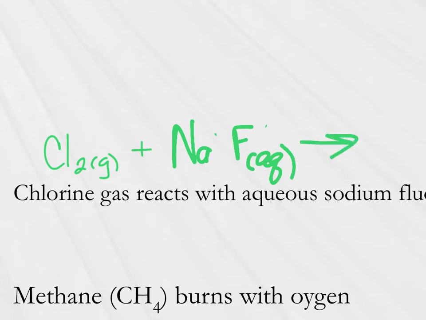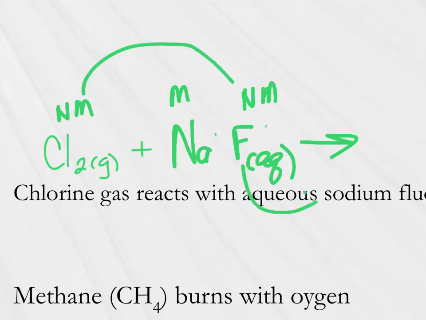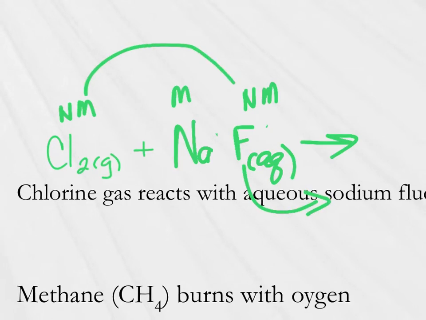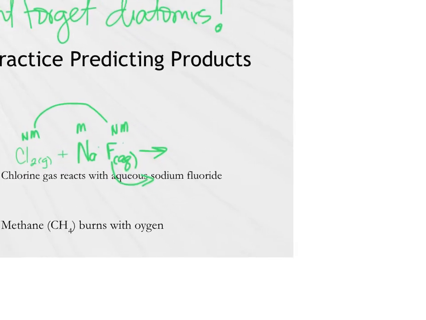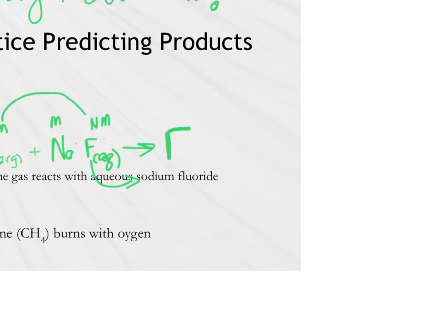All right, so this is a non-metal. This is a metal, and this is a non-metal. So the non-metal is going to kick out the non-metal. So fluorine is going to end up all by itself. F2. Why F2? Ask yourself, why is it F2? Plus sodium and chloride.